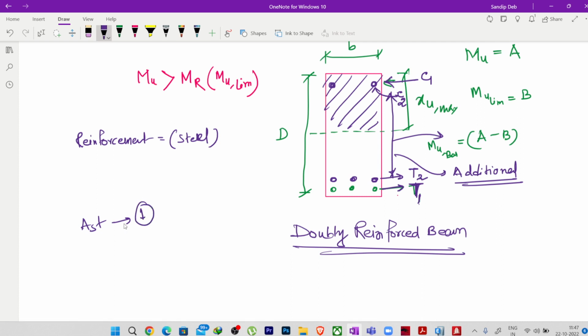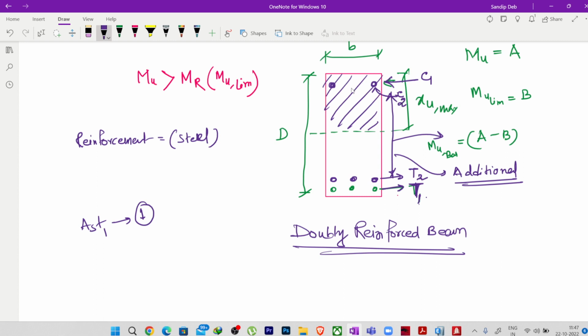Now we need to find this AST2 also. This AST1 and AST2 will give me the total amount of tension reinforcement. Here C1 is already generated by the concrete itself. Now we have given some additional reinforcement to take the C2, the extra compression.